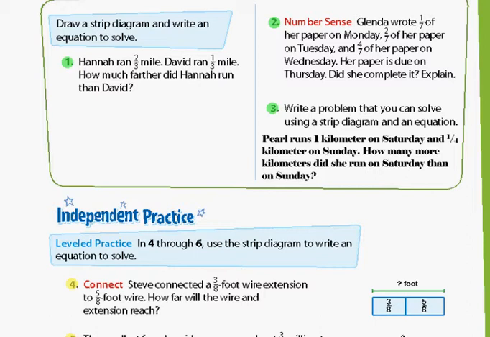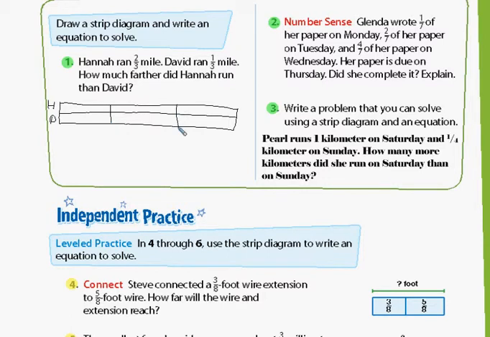Okay. So if I'm going to draw a strip diagram, separate in half. The top one's going to be Hannah, and the bottom one's going to be David. Our denominator for both the fractions is thirds, so I'll break them into thirds.